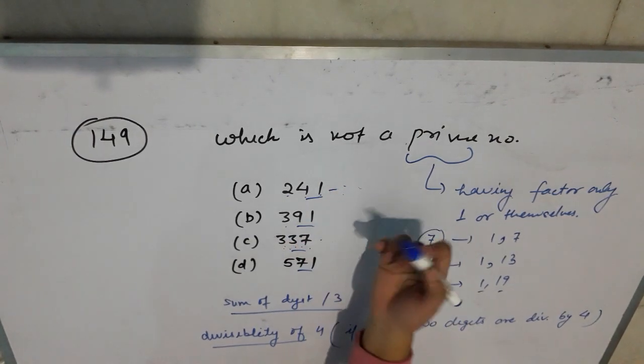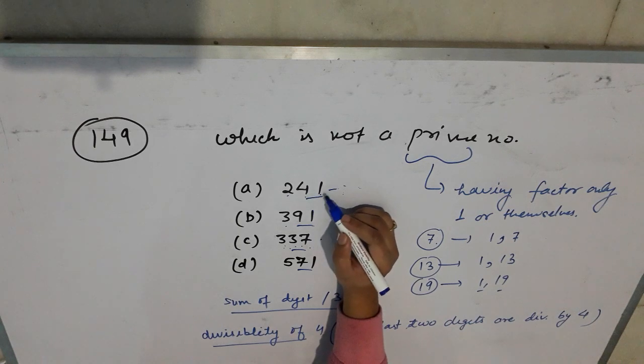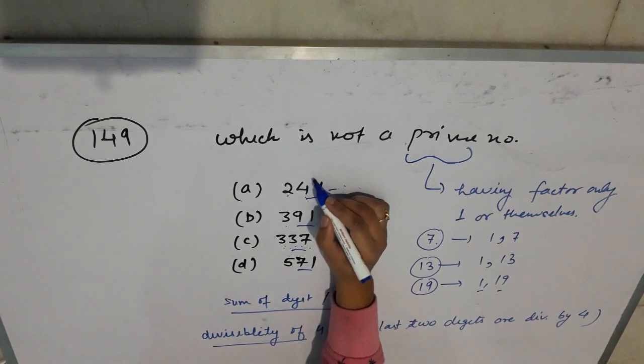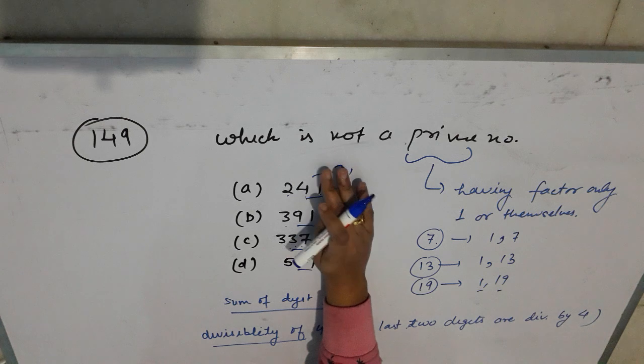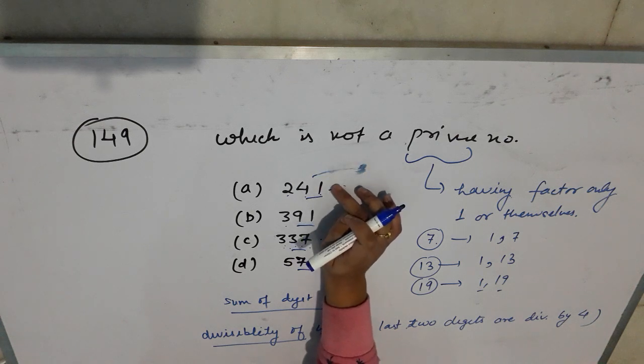Now let's check some prime numbers like 7. It will not be divisible by 7 also. 13, it will not be divisible.